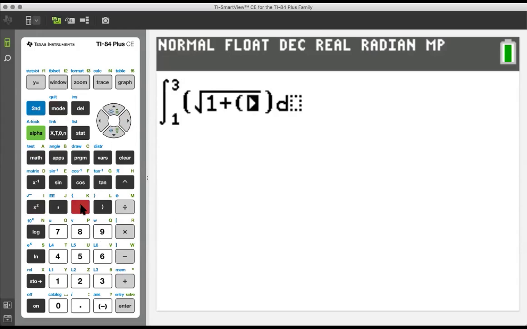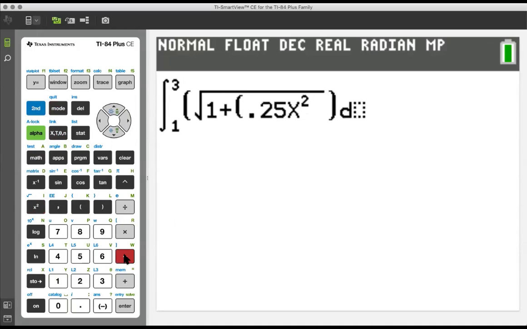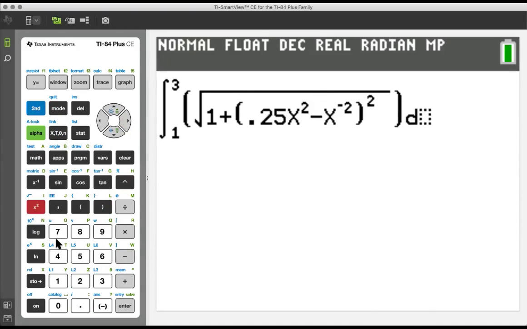And remember, we're going to have to square it. So instead of 1/4, I'll just use the decimal, a little easier to type, x squared minus 1 over x squared, remember, so I'm going to do x to the negative 2. There's your derivative, and remember we need to square it, so it looks like that.